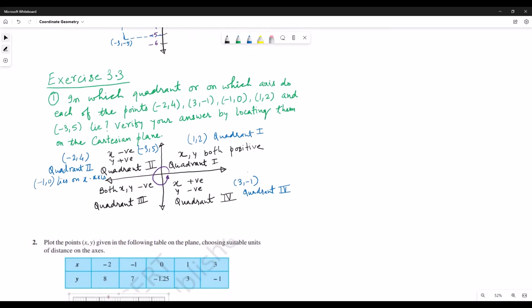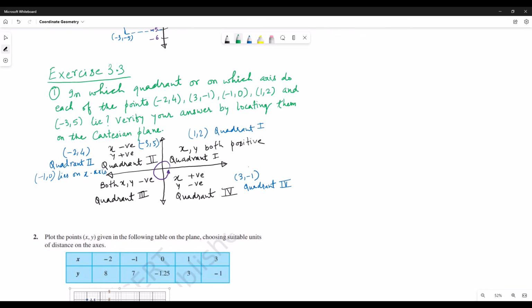Exercise 3.3. In which quadrant or on which axis do each of the points minus 2, 4, 3, minus 1, minus 1, 0, 1, 2, and minus 3, 5 lie? Verify your answer by locating them on the Cartesian plane. Minus 2, 4: x negative, y positive, this is the second quadrant. 3, minus 1: x positive, y negative is the fourth quadrant.